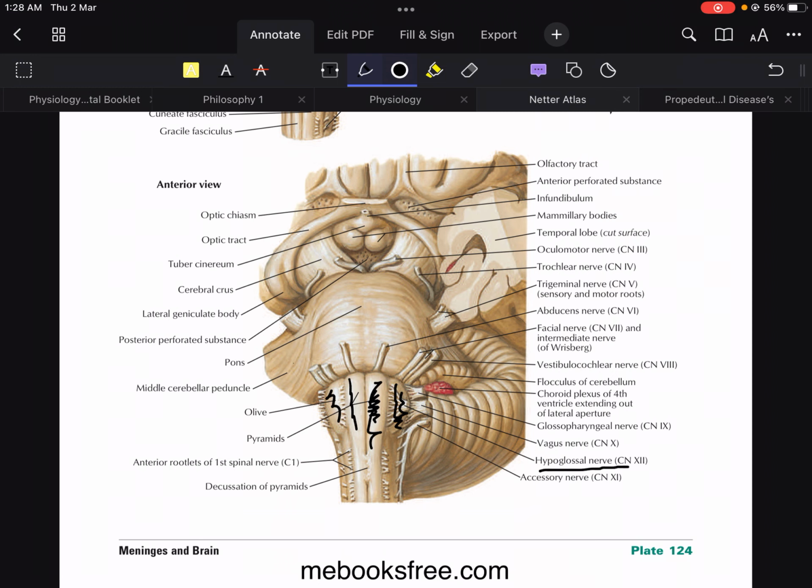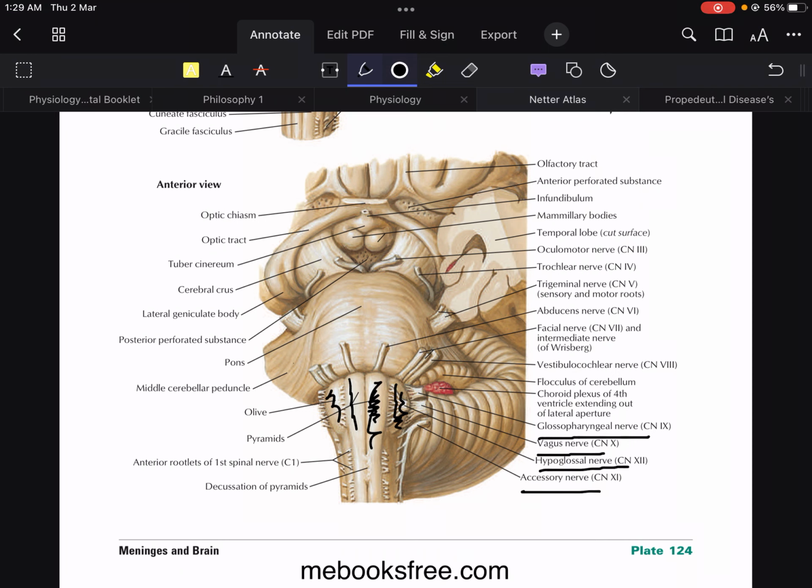What about the 11th? The 11th is the accessory nerve, which exits from the posterior part of the olive. The 10th one is the vagus nerve, again exiting from the posterior part of the olive, and the 9th one is the glossopharyngeal nerve, again exiting from the posterior part of the olive.